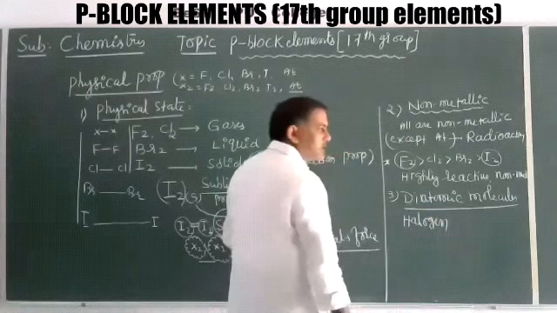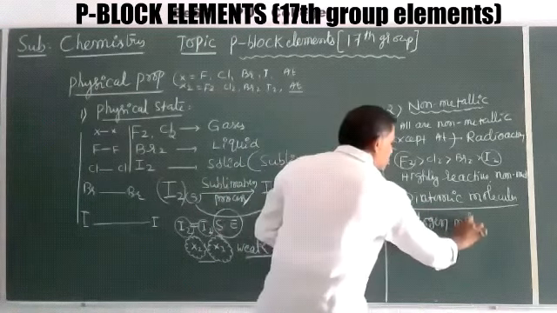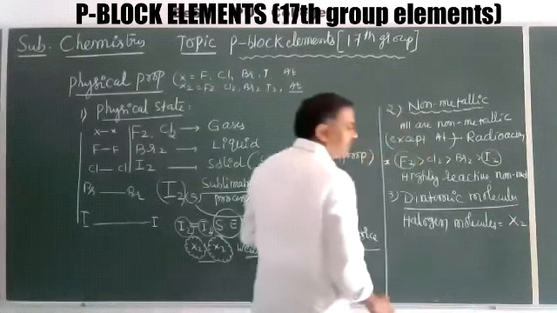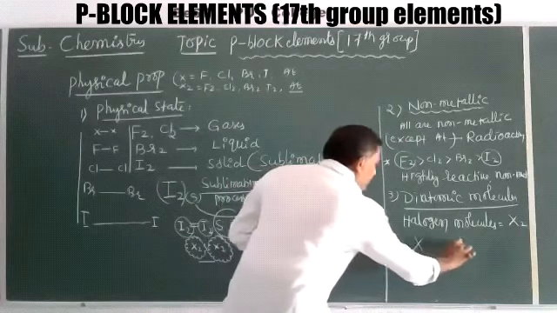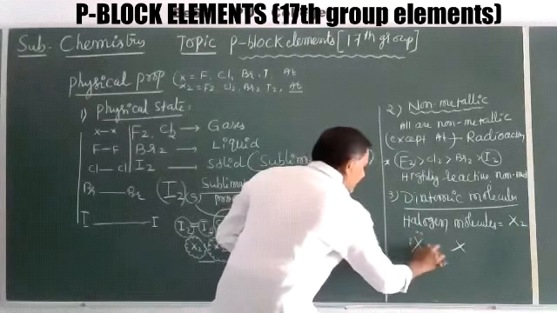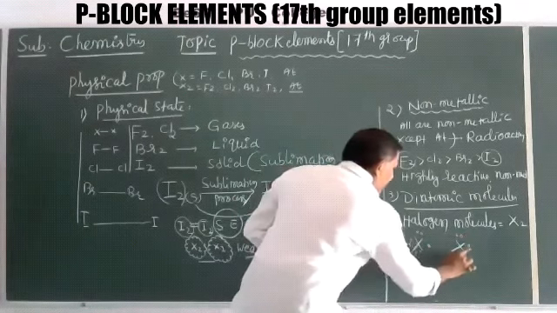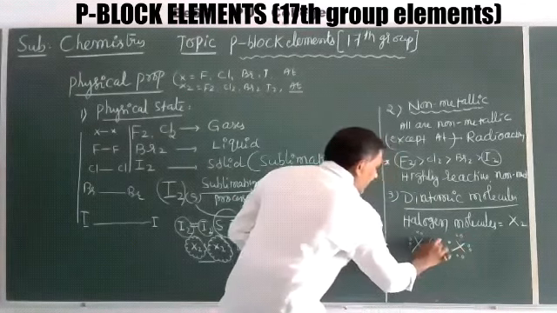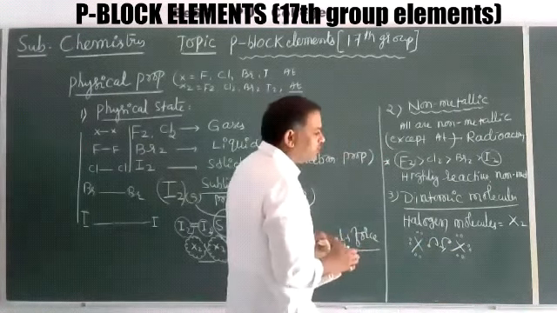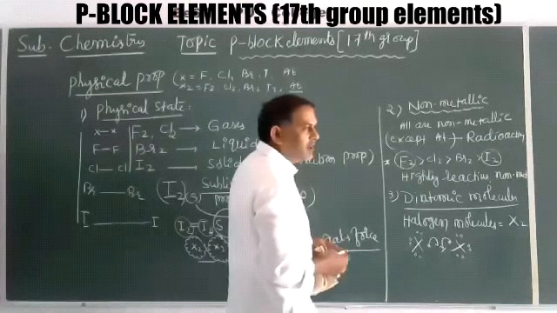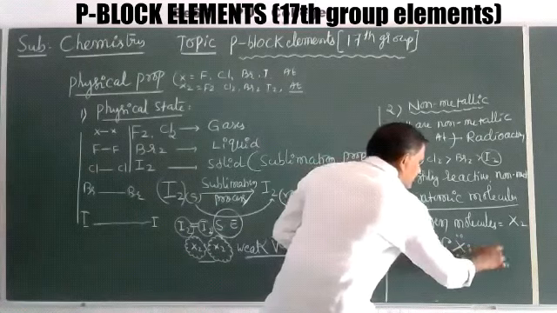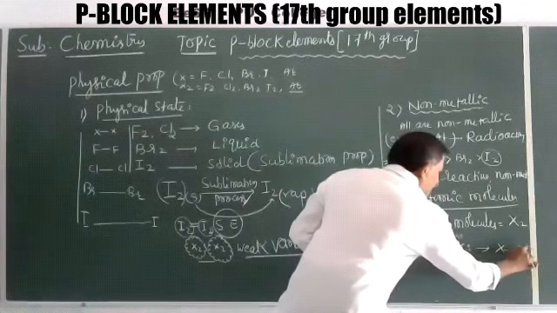Halogen atoms cannot exist alone; halogen molecules, X2, exist. Between atom and atom, 7 valency electrons are there. Out of 7, one is unpaired. That one unpaired electron is ready to be shared. It forms a covalent bond to attain the stable octet electronic configuration, giving X bond X.